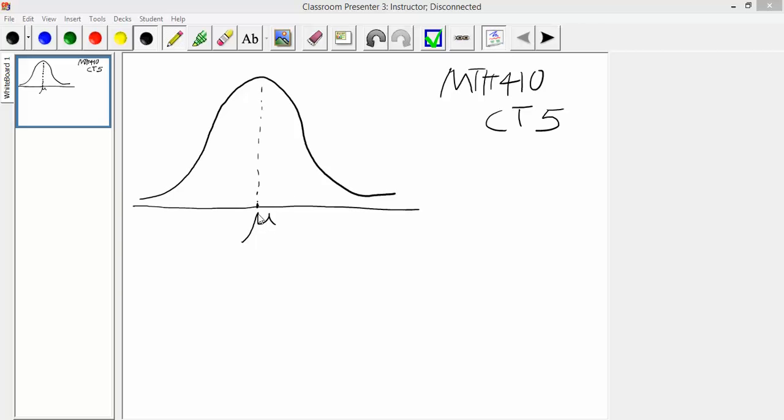The mean, and I think this letter is mu. Can't remember, but it means population mean. We know that the population mean is at the center of the distribution. We also know that the mode and the median are equal to the mean, so they're all lined up right in the center in a normal distribution.